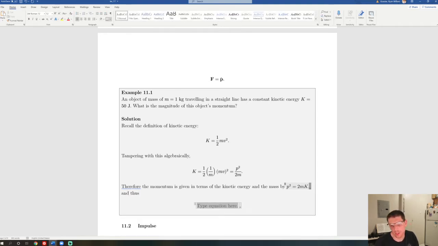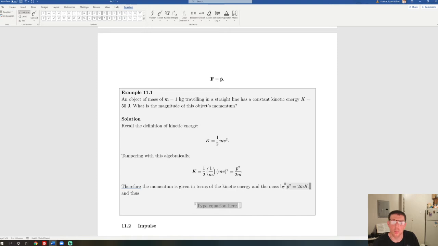And then we just take the square root of both sides, because what we want is the momentum, right? And so this is just p equals the square root of 2mK. And I don't have to use the approximately equal to symbol, because this works out to be a very nice 10 kilogram meters per second with no decimal places required.